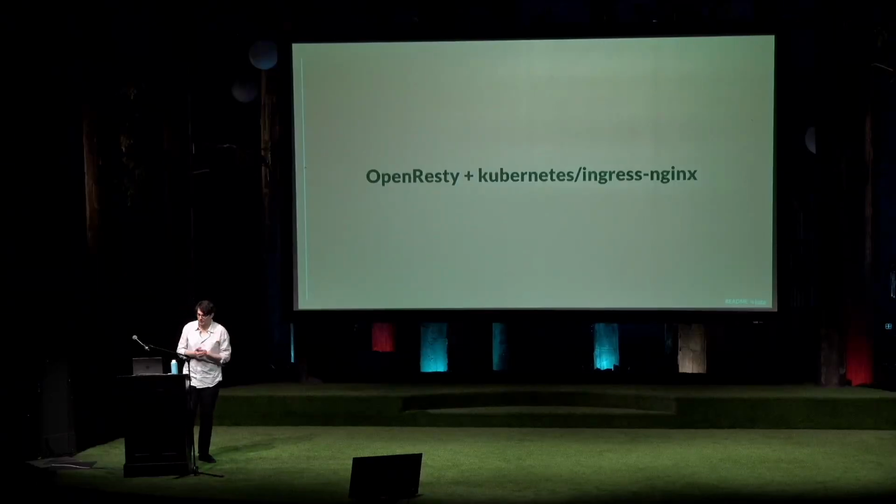If you're not familiar with Ingress NGINX, basically the premise is that you have a config map in Kubernetes, and when you change stuff in the config map, it updates the NGINX config file in your NGINX containers and sends, I forget what signal you send the NGINX process to restart it, but it does that for you, keeps them all in sync. It's really nice. And fortunately, Ingress NGINX also has a plugin system for OpenResty.